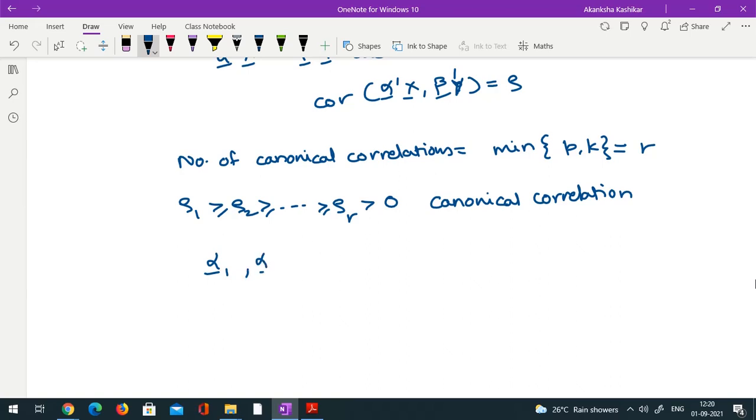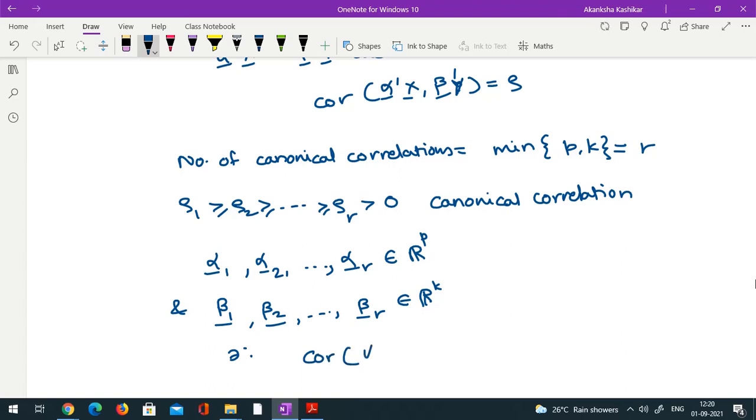So alpha 1, alpha 2, up to alpha r, all these are p-dimensional vectors, and beta 1, beta 2, up to beta r, all these are k-dimensional vectors, such that the correlation between alpha i prime x and beta i prime y is rho i.